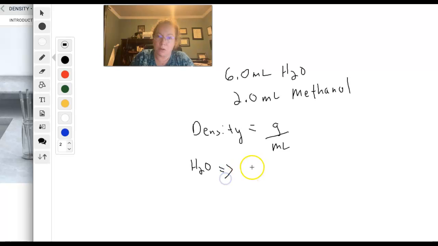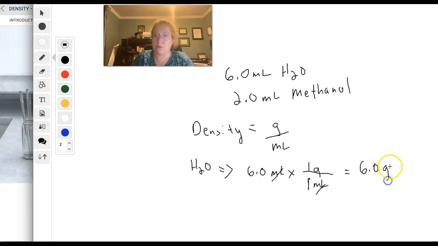So if we have 6 milliliters times the density of water, 1 gram per 1 milliliter, remember, our milliliters will cancel, and we are left with 6 grams of water. Right?